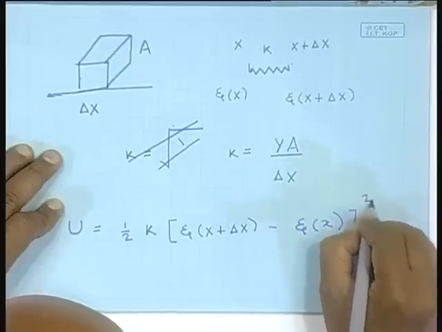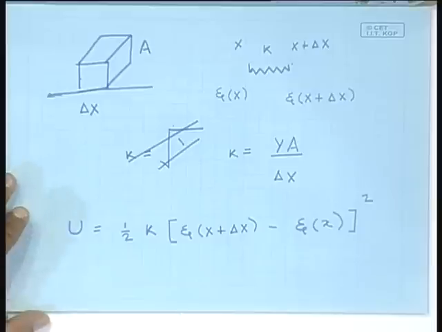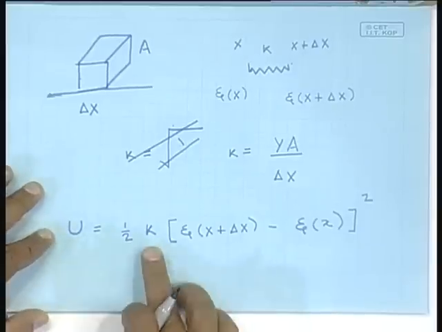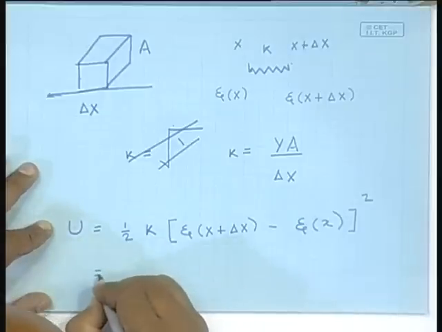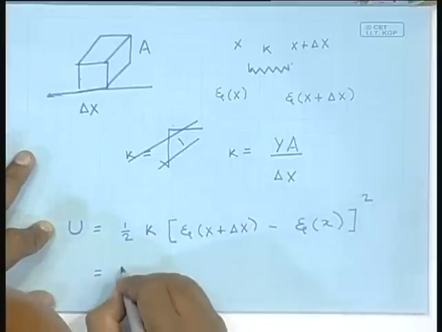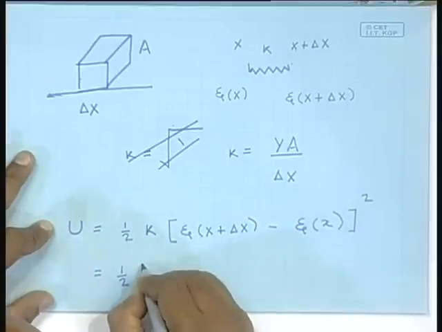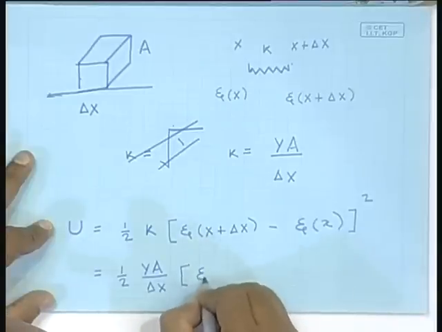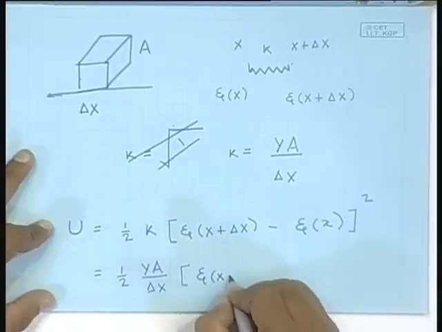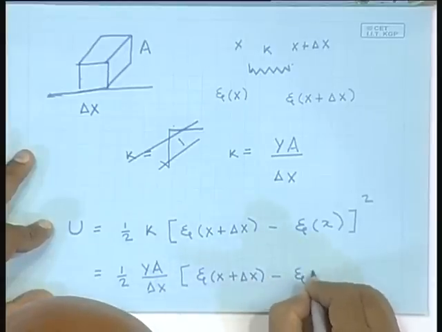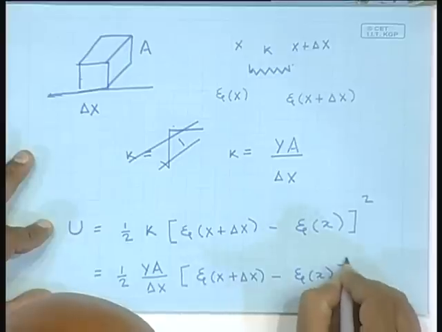So, this is the potential energy of the spring. Now, we know that the spring constant K can be written as Y, the Young modulus, into the cross sectional area divided by delta x. So, this becomes half Y A divided by delta x into [xi(x plus delta x) minus xi(x)], the square of this.